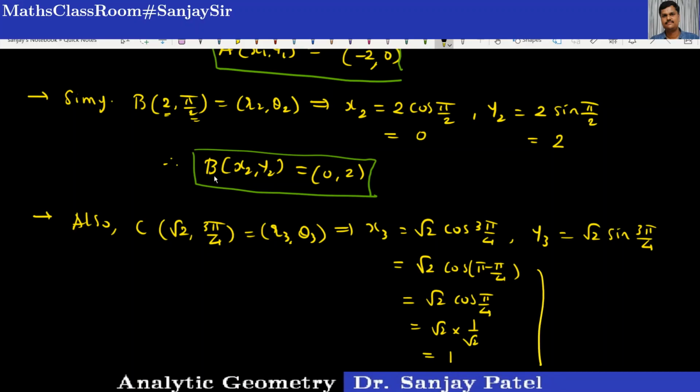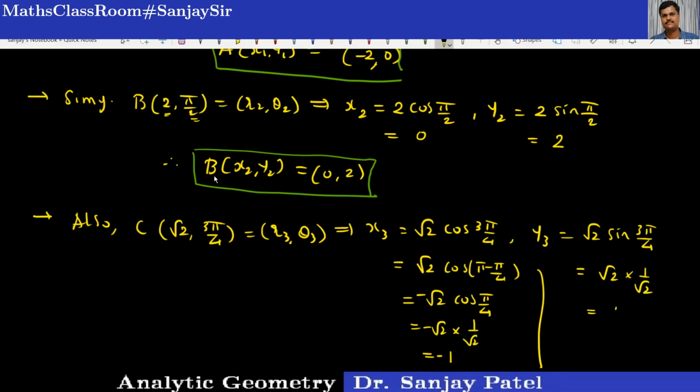The same way you can find the value of y3: root 2 sin 3 pi by 4 is sin of pi minus pi by 4. Just a minute, a small correction is required. Cos of pi minus theta is minus cos theta, so this will be minus 1, okay, and sin of pi minus theta is plus sin theta. It is in the second quadrant, so this will be plus 1 by root 2.